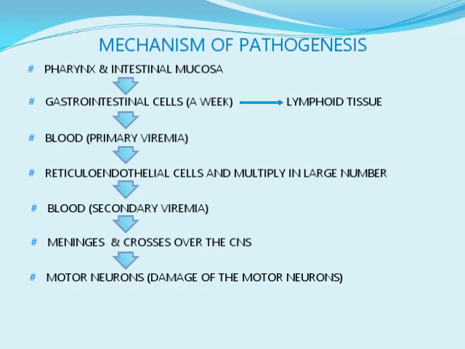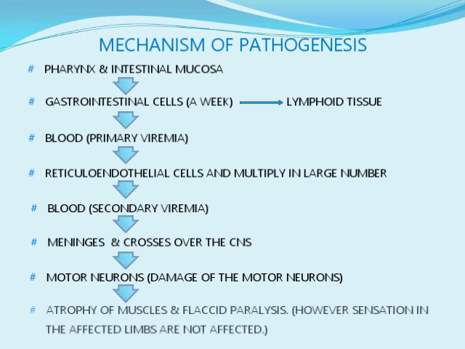Due to the multiplication of the virus in the motor neuron, it leads to the damage of the motor neuron. There are various types of muscles in our body, each of which are controlled by different types of neurons. So, the damage of the spinal neurons leads to the weakness of those muscles which are controlled by that particular neuron, resulting in atrophy of muscles and flaccid paralysis.